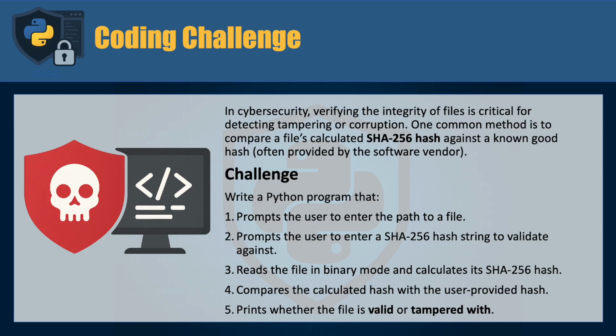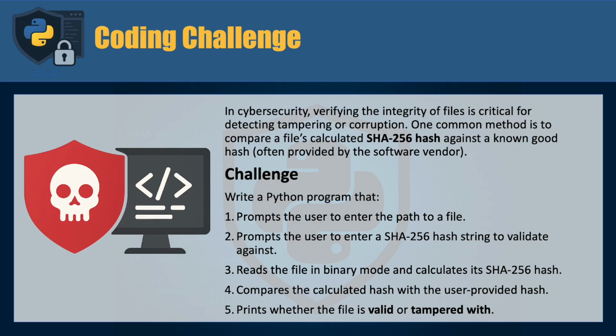Now it's your turn. We're going to give you a coding challenge. In cybersecurity, verifying the integrity of files is critical for detecting tampering or corruption. One common method is to compare a file's calculated SHA-256 hash against a known good hash, often provided by the software vendor. Your challenge, if you choose to accept, is to write a Python program that prompts the user to enter the path to a file.